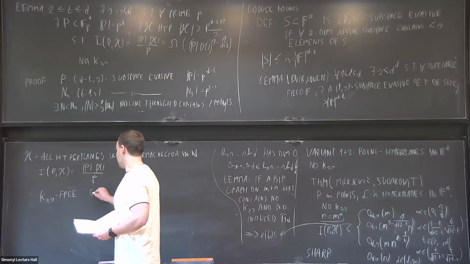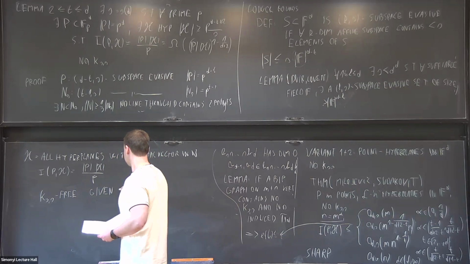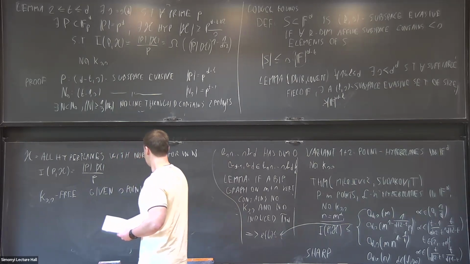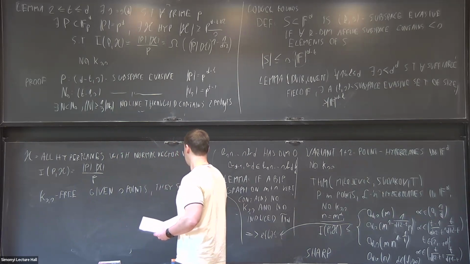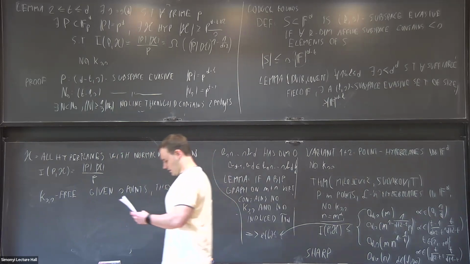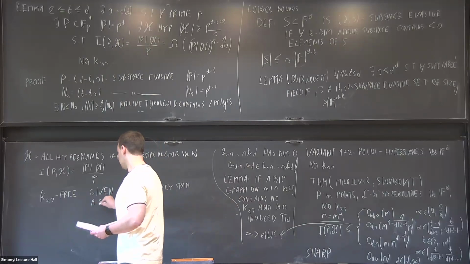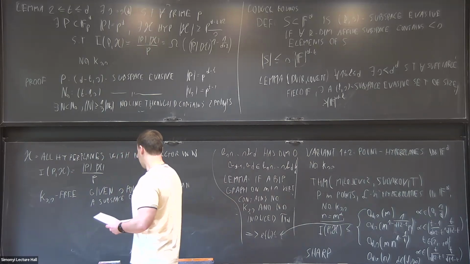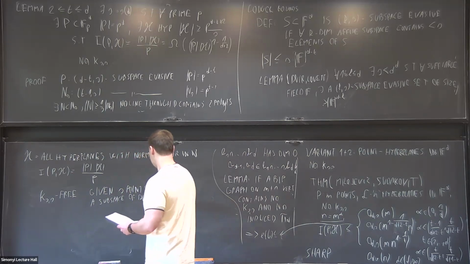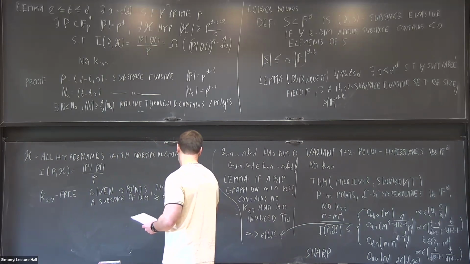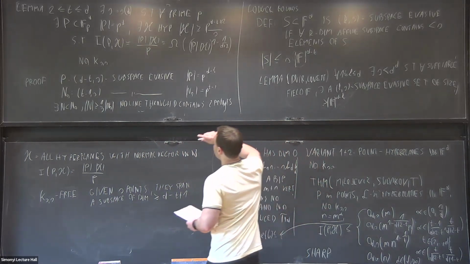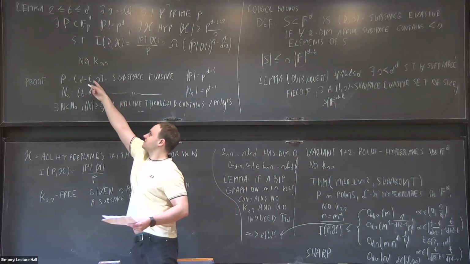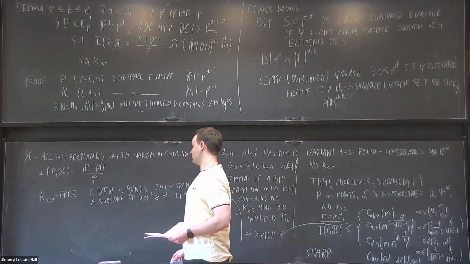But now if we have given S points, they span a subspace of dimension at least d minus t plus 1. That's the definition, because no S points lie in a d minus t dimensional subspace.